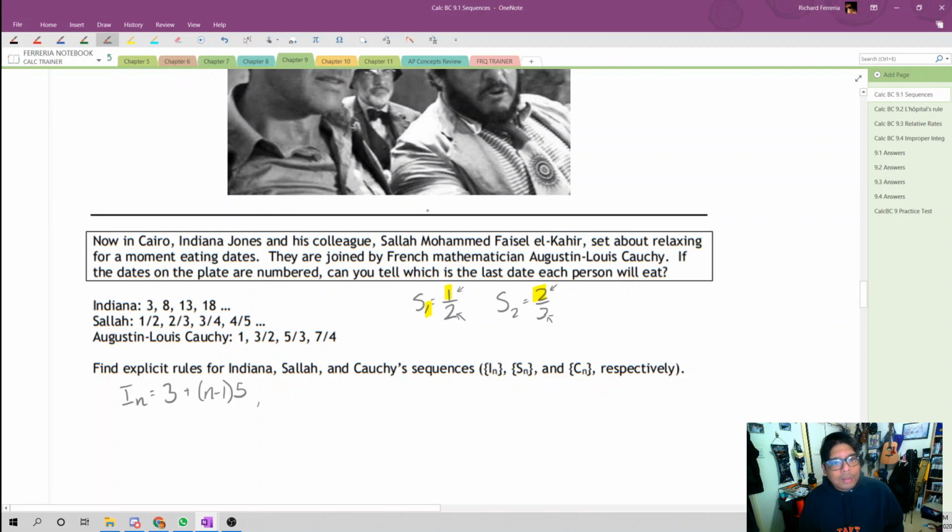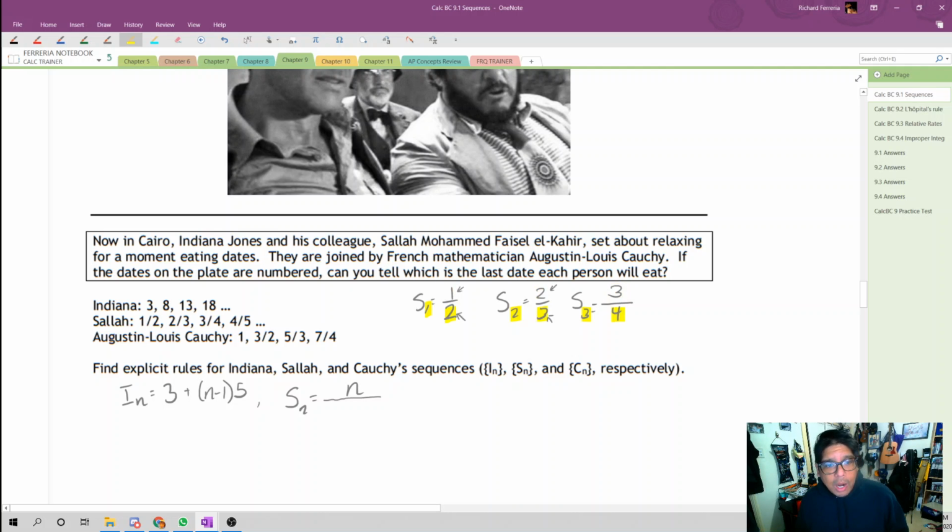And let's take a look at S3. S3 is equal to 3/4. And again, let's try to relate the numerator with the index number. And it looks as though the numerator is always the same as the index number. So we can say Sn is equal to n on the numerator.